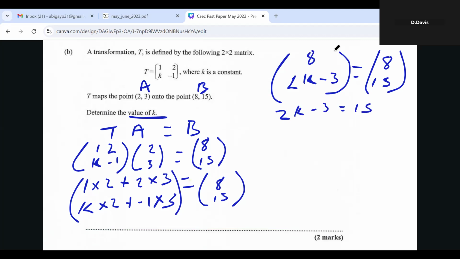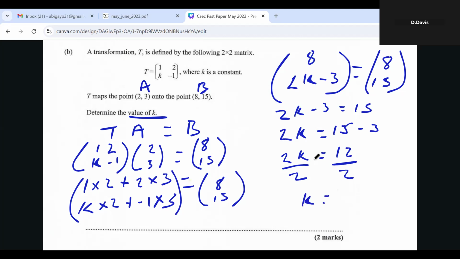The top part equals the top part and the bottom part equals the bottom part. So let us make k the subject. 2k equals 15 plus 3, and that will leave us with 18. Then we divide by 2, so k is 9.